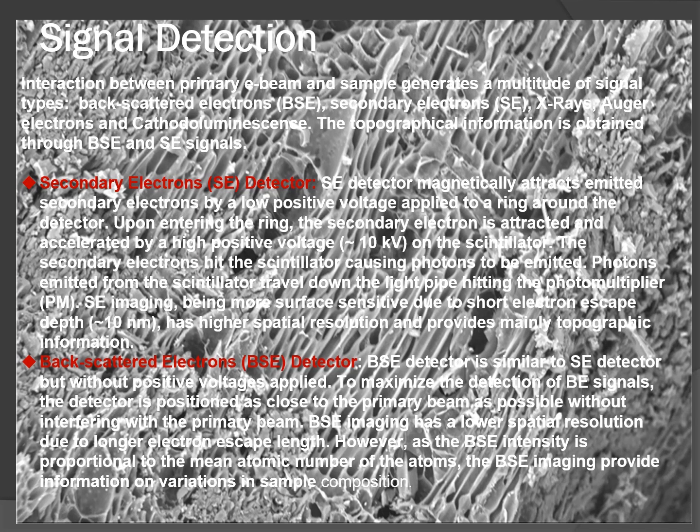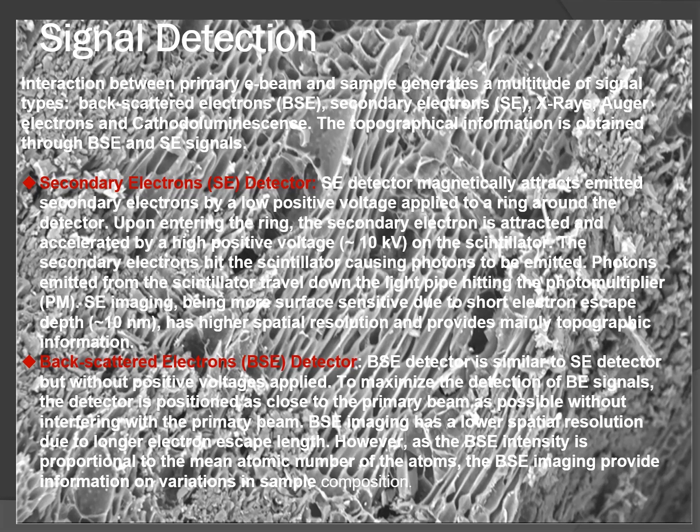Photons emitted from the scintillator travel down the light pipe, hitting the photomultiplier. Secondary imaging, being more surface sensitive due to short electron escape depth, plus or minus 10 nanometers, has higher spatial resolution and provides mainly topographical information.